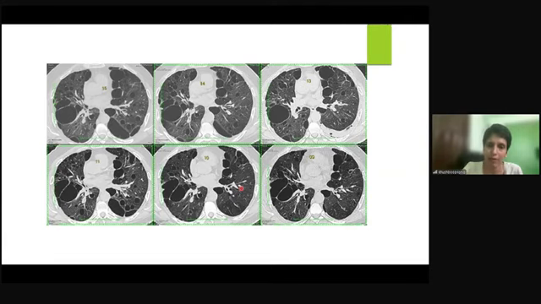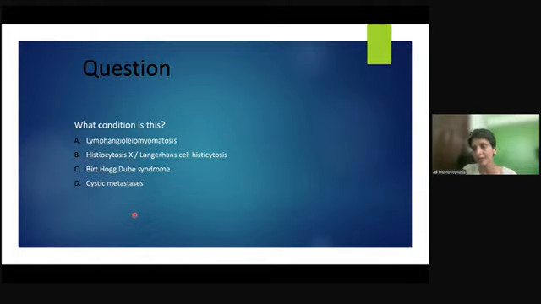So now what else are we looking at? We are seeing these sequential CT scans from 2009 till 2015, where we see that these cysts have remained rather stable. And this patient had presented with pneumothorax. So what is the most likely diagnosis? Is it lymphangioleiomyomatosis? Is it Langerhans cell histiocytosis? Is it Birt-Hogg-Dubé, or is it a cystic metastasis?